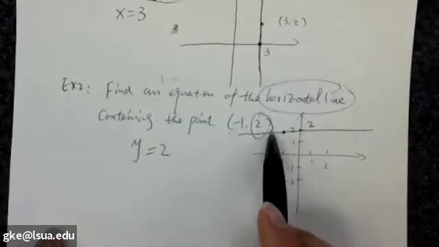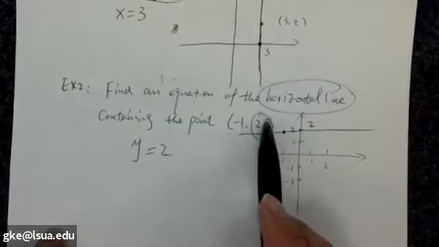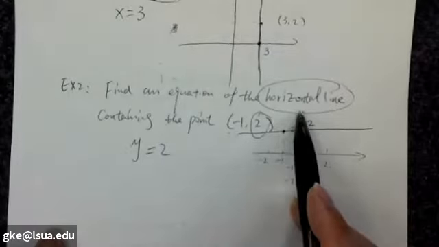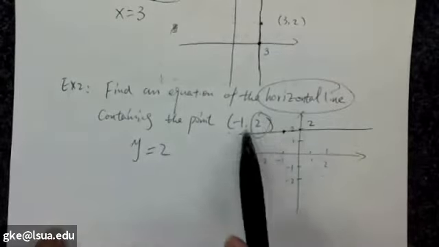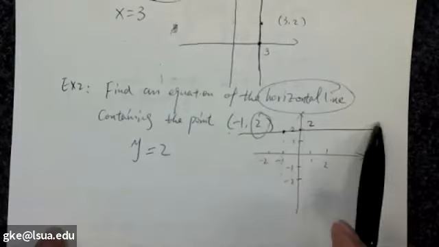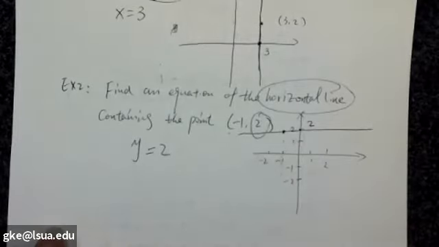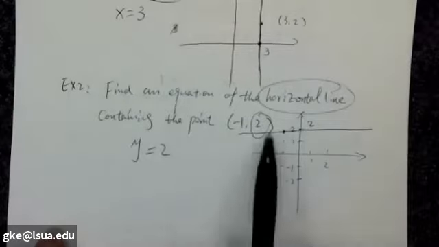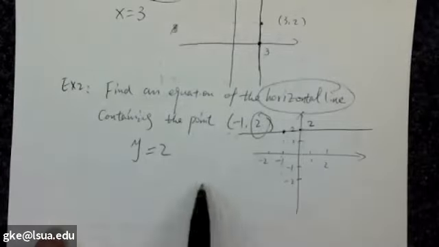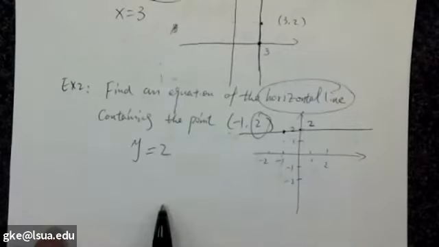Just let y equals 2, and that is the horizontal line. That's it. Very simple and straightforward. But the tricky part here is you shouldn't give me 2. It's y equals 2. Y equals 2 is the horizontal line, not 2. 2 is a value.